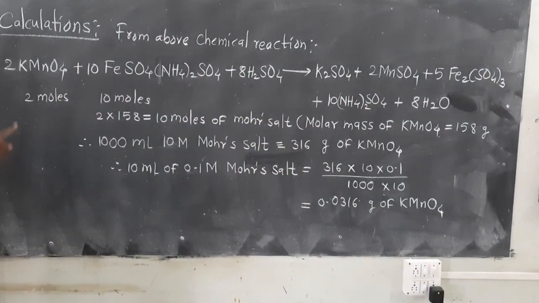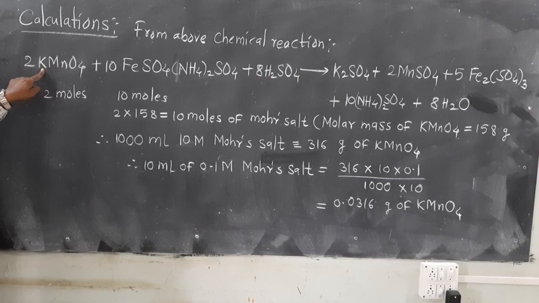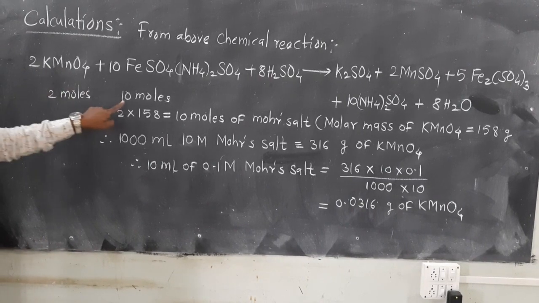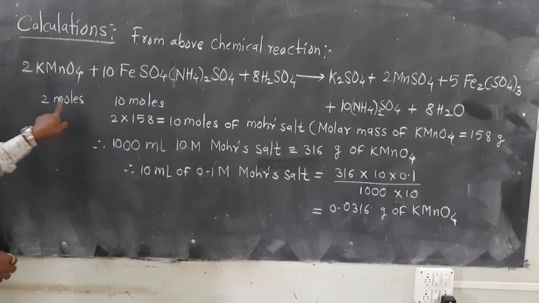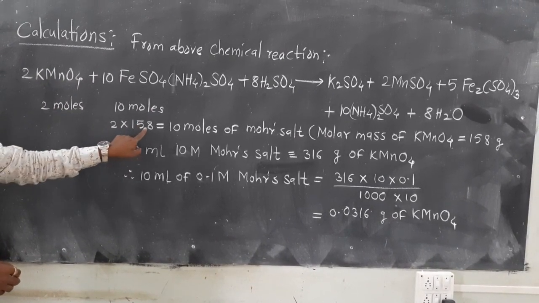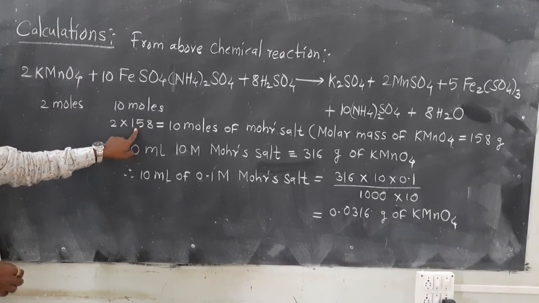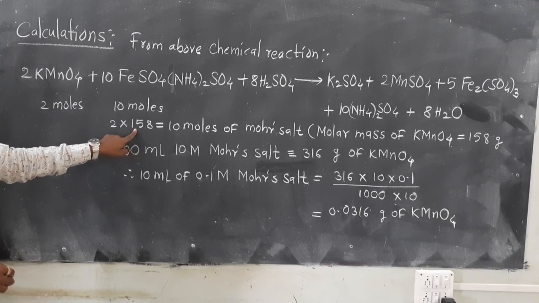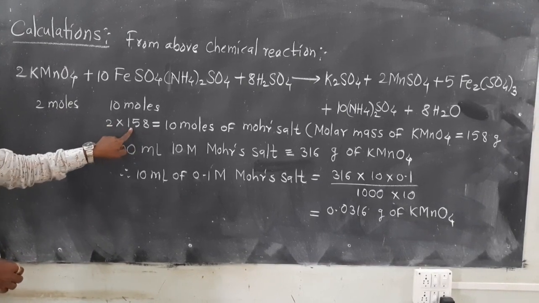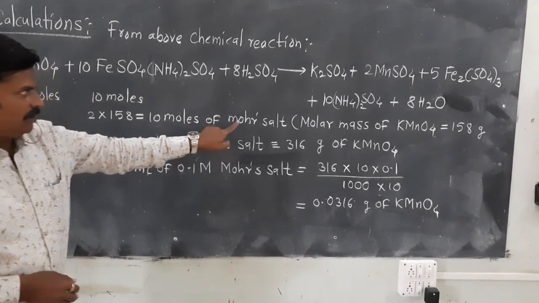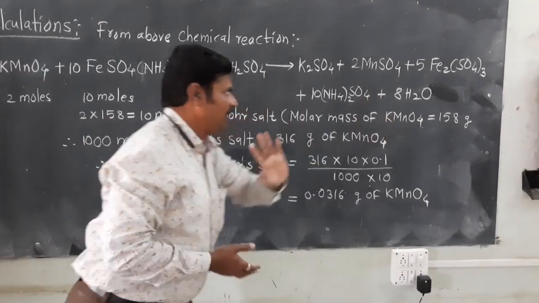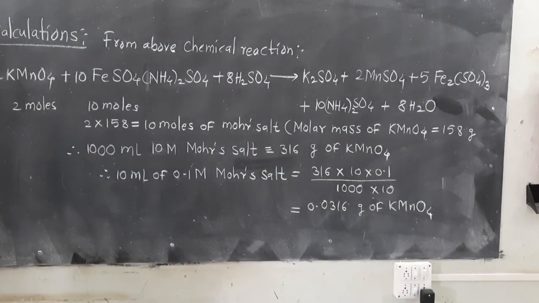For this complete reaction, 2 moles of potassium permanganate and 10 moles of ferrous ammonium sulfate are required. So 2 moles, 2 into 158. This 158 is the molar mass of potassium permanganate. 2 into 158 equals 10 moles of Mohr's salt. The molar mass of potassium permanganate is 158 gram.